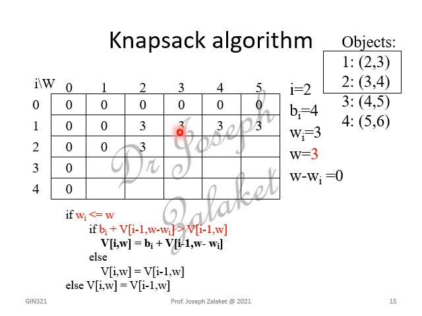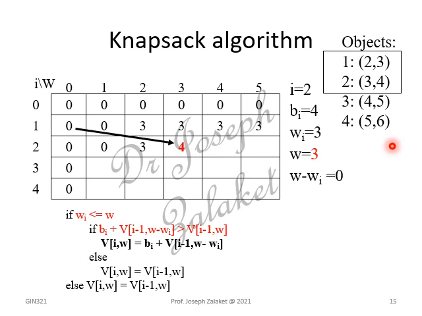So W minus Wi, we have the value 0 here, at position 0, 3 minus 3, it's 0, plus the benefit of the current object, which is 4, is greater than the previous value, which is 3, so we will put the value 4 here. So 0 plus 4 greater than 3, we will have 4 in this cell.